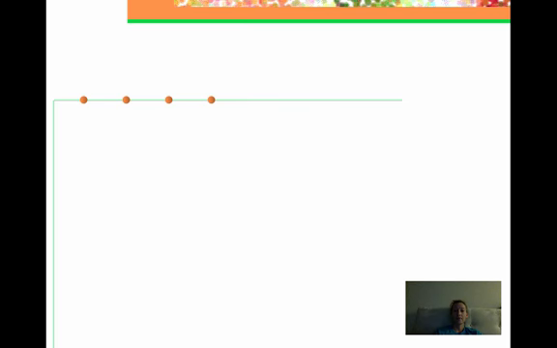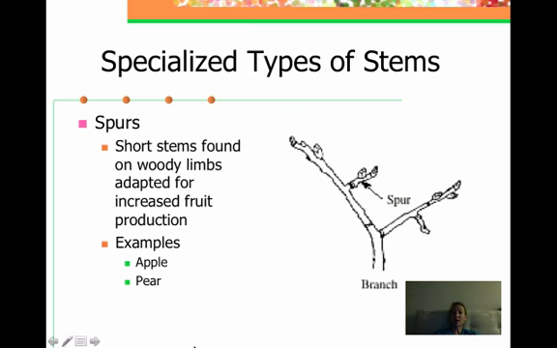Spurs. Some of you may know spurs are on the back of cowboy boots, but there also can be spurs on stems. Spurs are going to be stems that have been produced by a plant as it goes through adaptations when it gets fruit. So just imagine you had a big apple growing on the edge of this stem.